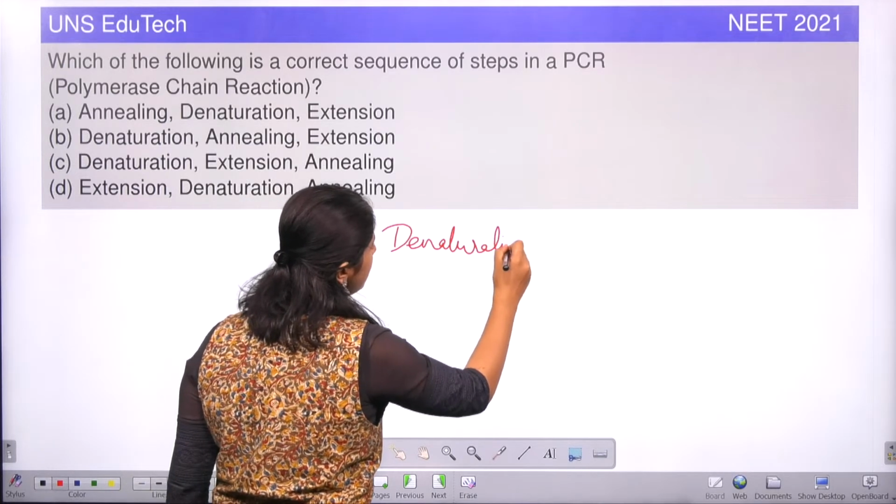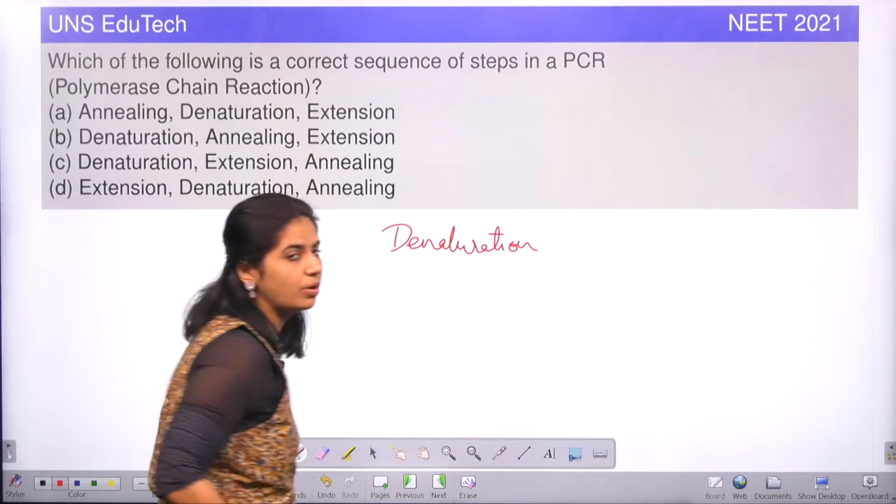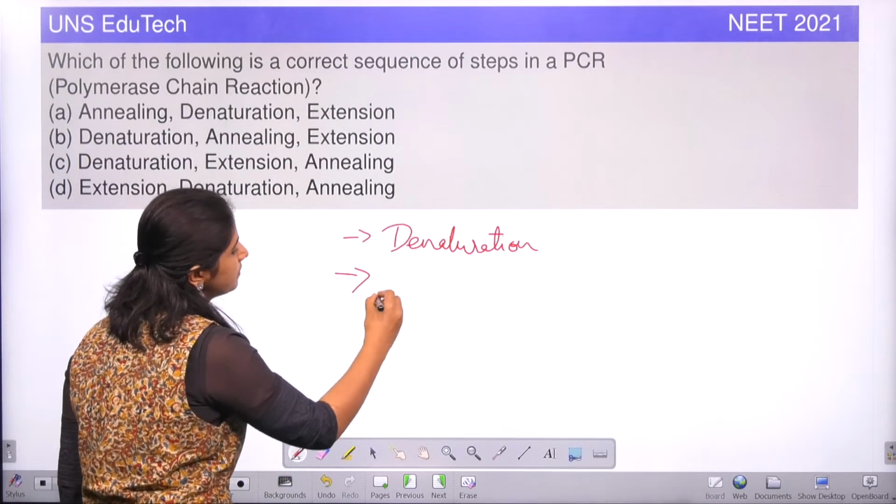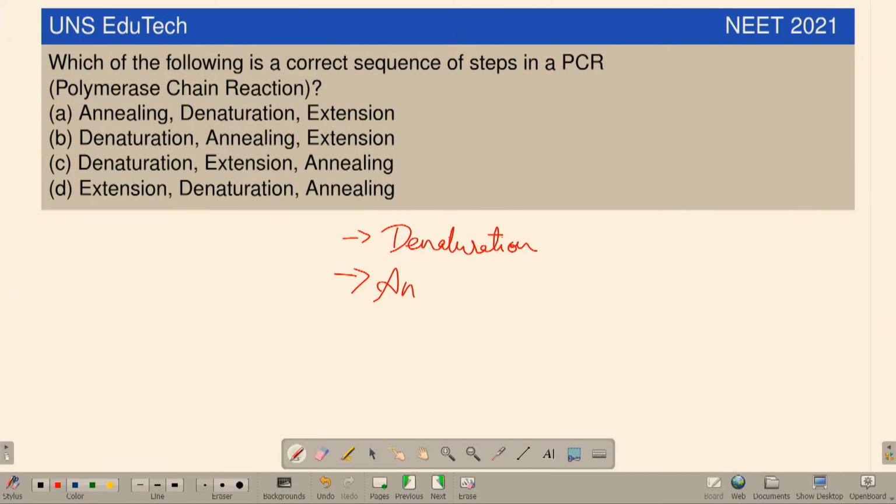Denaturation is nothing but breaking the hydrogen bonds between the two strands of the double stranded DNA, and the second step was annealing. Annealing is nothing but hybridization, right?